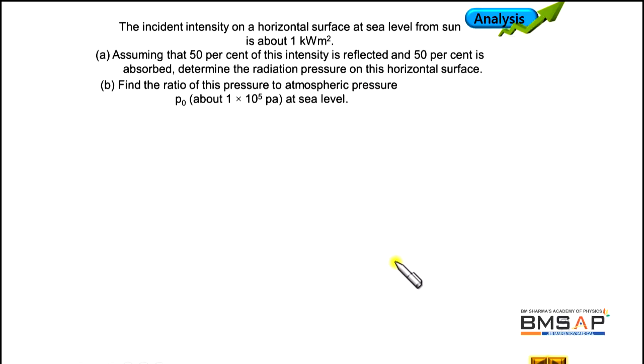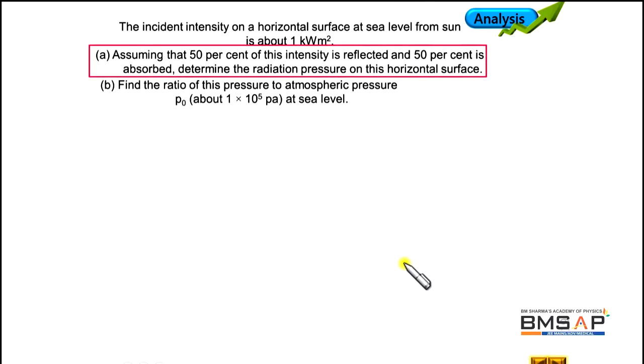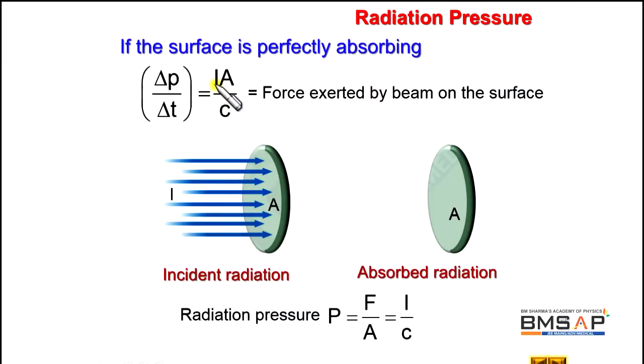In the first part of the question, we need to calculate the radiation pressure at the horizontal surface, right. And we know the pressure exerted by light, that is the absorbed light. We have learned this part, we know this pressure is equal to Ia divided by C. This is the force Ia divided by C, and pressure is force divided by area, that is I divided by C, right.